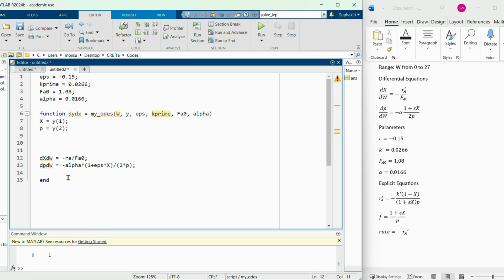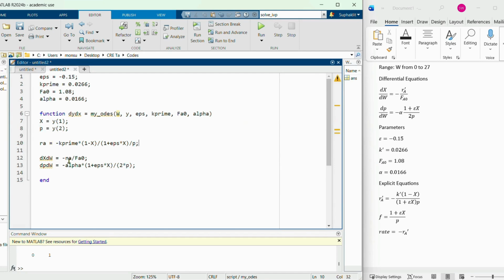And since we need the expression for RA prime, we're going to say that RA equals minus, according to this explicit equation, k prime times 1 minus X, divided by 1 plus epsilon X, again divided by p.